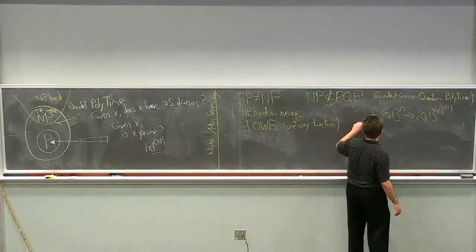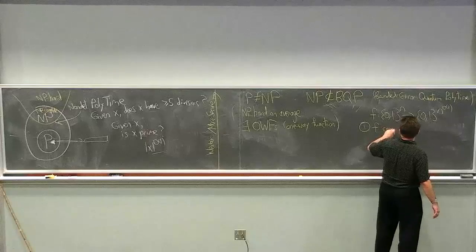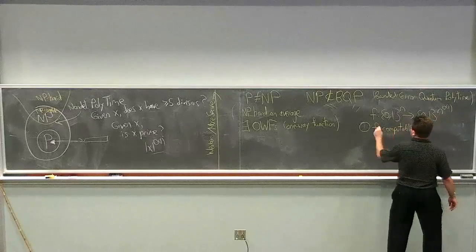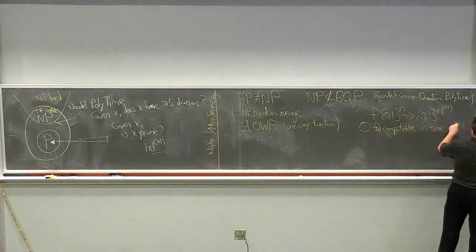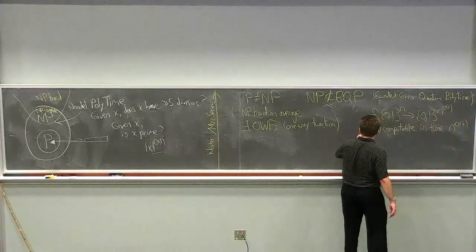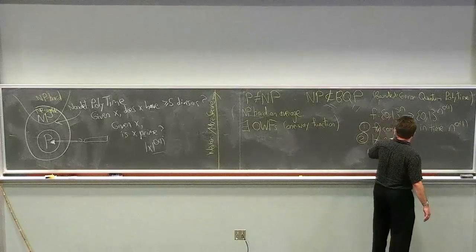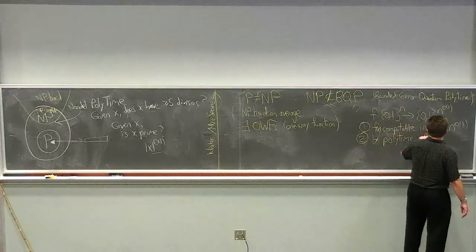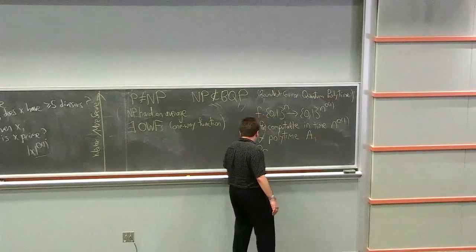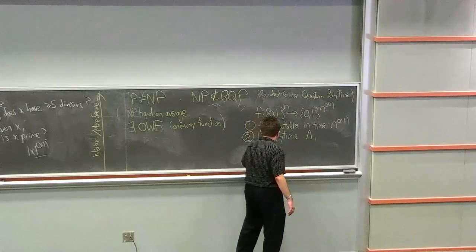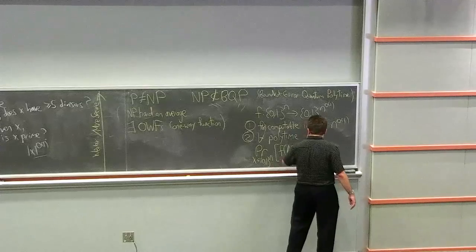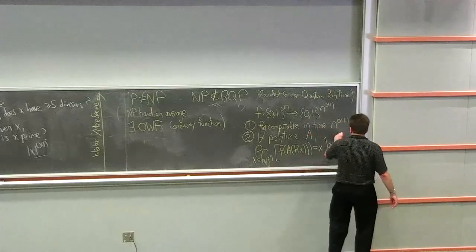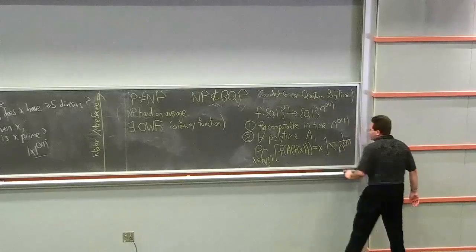But it has to satisfy two properties. f has to be computable in polynomial time, so f of x is computable in time polynomial in n. And secondly, for every polynomial time algorithm A which tries to invert f, it only succeeds with small probability. So the probability over all strings x that f of A of f of x equals f of x is less than 1 over polynomial in n.